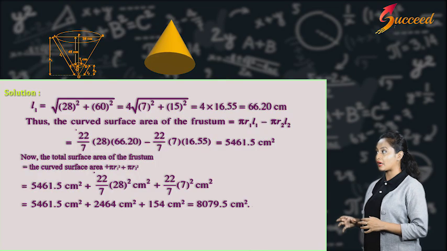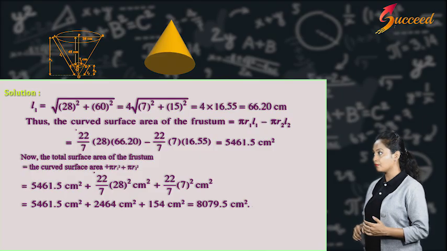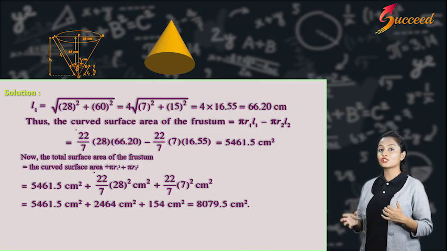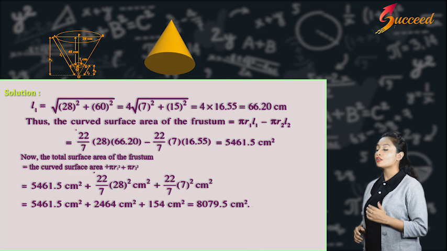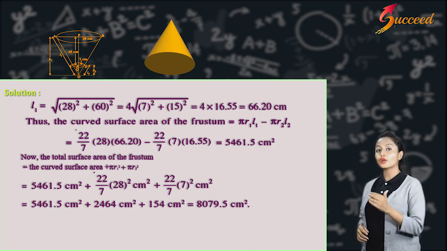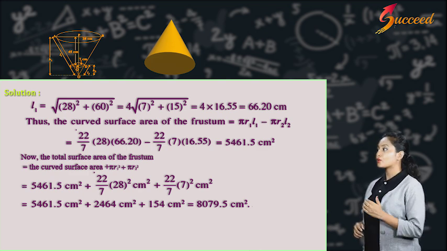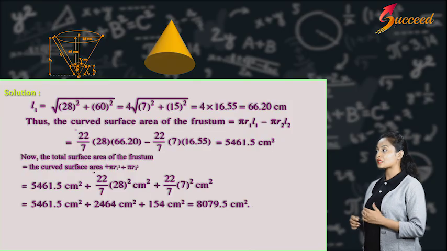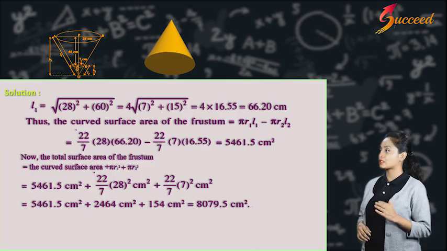Now, the total surface area of the frustum needs to be calculated. This can be given by the curved surface area plus pi r1 square plus pi r2 square. On substitution of the values, you get 5461.5 plus 22 by 7 into 28 square plus 22 by 7 into 7 square.